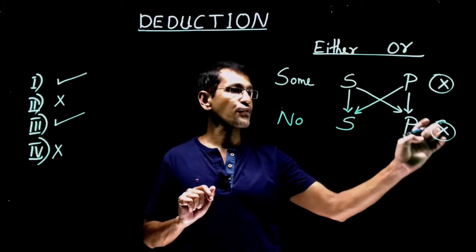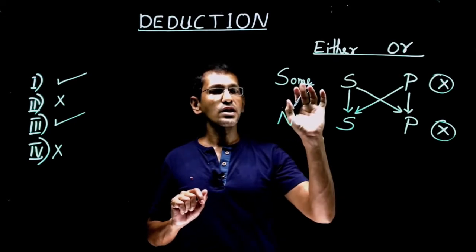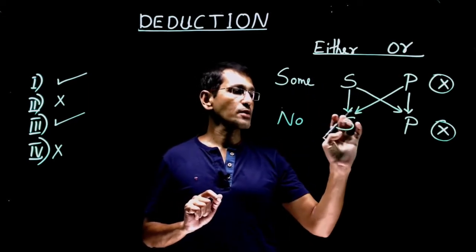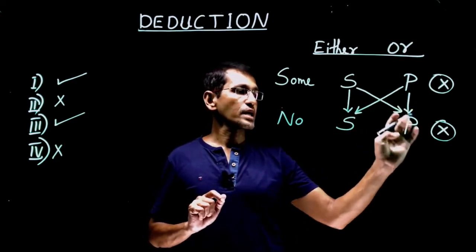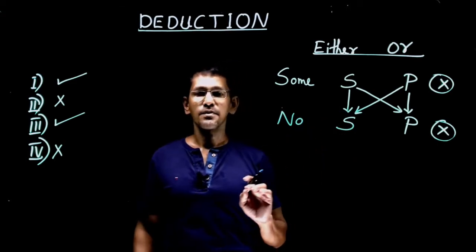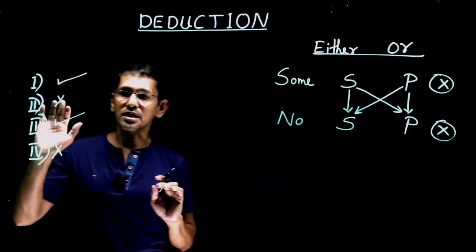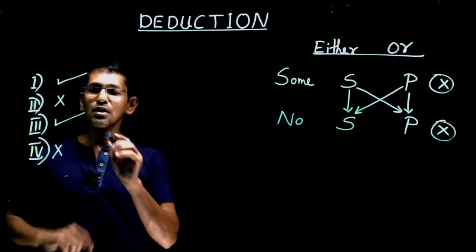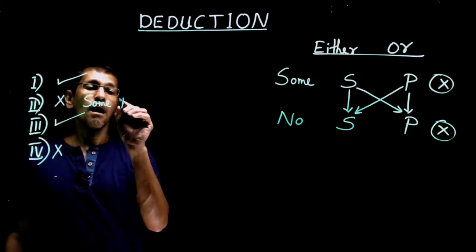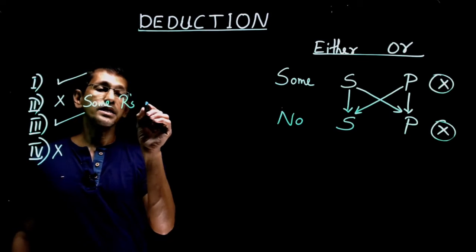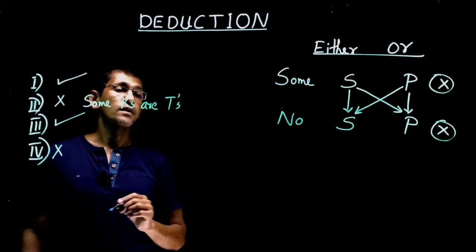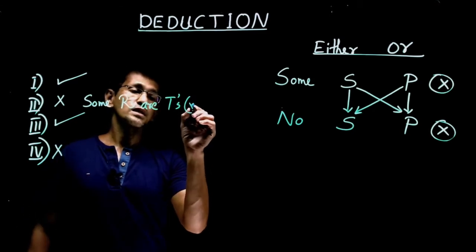This is exactly the condition for either or pair. Both conclusions do not follow. One of the conclusions is some and the other one must be no. Subject would be subject, predicate would be predicate, or subject is predicate and predicate is subject. Let's assume that in this case we have the second conclusion as some R's are T's. And this conclusion doesn't follow.